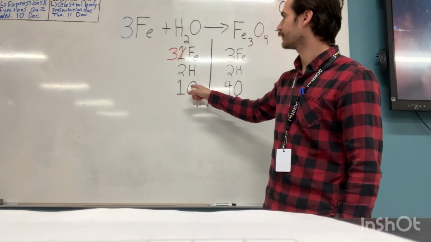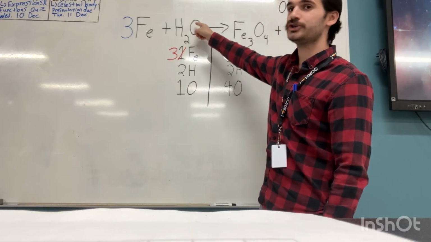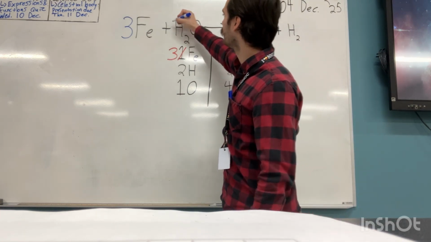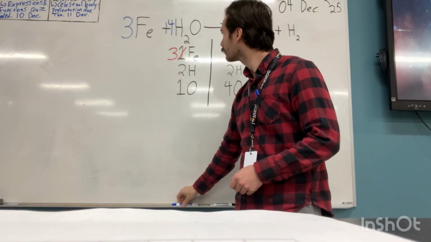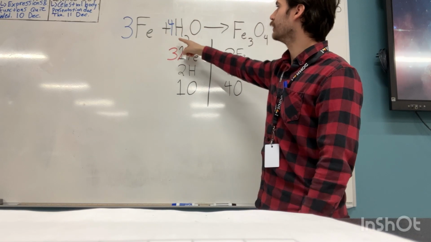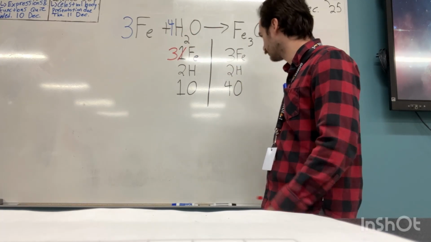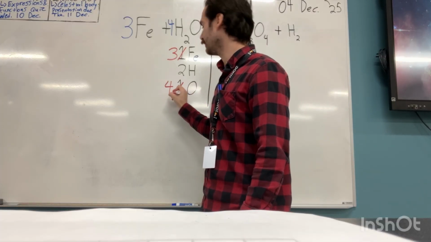Now if I want 4 oxygens on this side and I get 1 oxygen atom in every H2O molecule, I'm going to write a 4 as the coefficient out front. If I now have 4 water molecules, I'm going to have 4 oxygen atoms. So I can change the number of oxygens into 4.